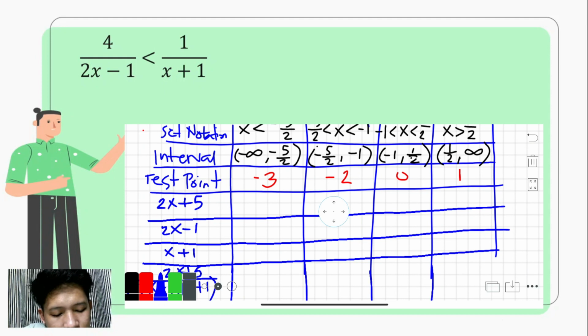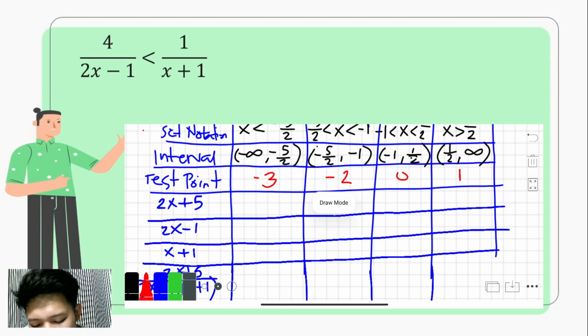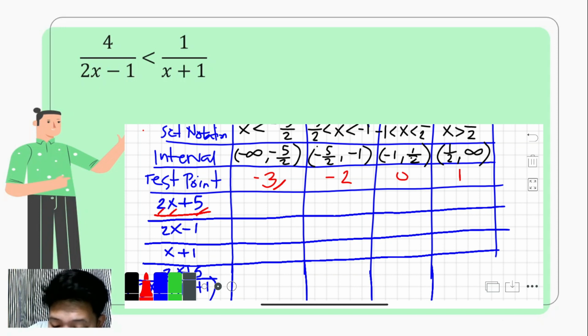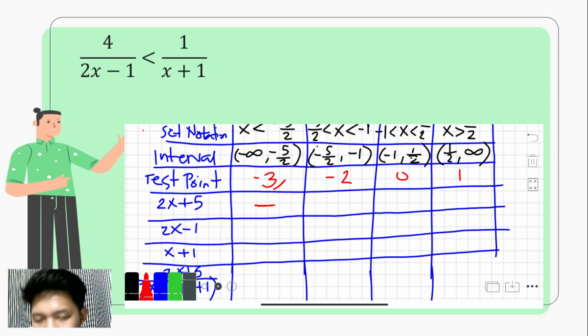If we are to substitute negative 3 to 2x plus 5, that's 2 times negative 3, negative 6 plus 5, that's negative 1. So, meaning, our sign for the first box would be negative. Next, we have negative 3, isa-substitute natin kay 2x minus 1. So, that would be 2 times negative 3, that's negative 6 minus 1, that's negative 7.